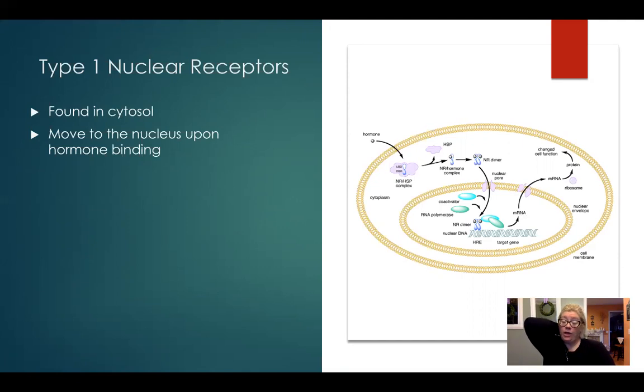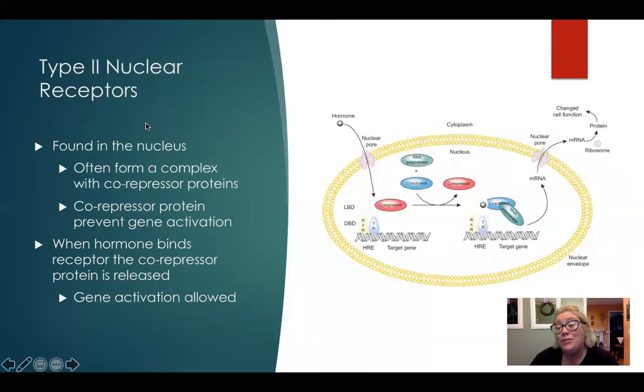So if a type 1 nuclear receptor is found in the cytosol, where do you think the type 2 nuclear receptor is going to be found? Well, you probably guessed it already, but a type 2 nuclear receptor is going to be found directly inside of the nucleus. So here we have, I don't like this.